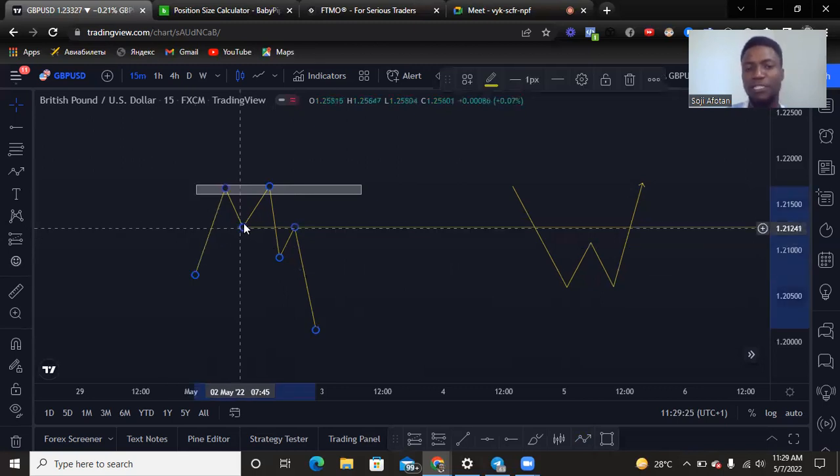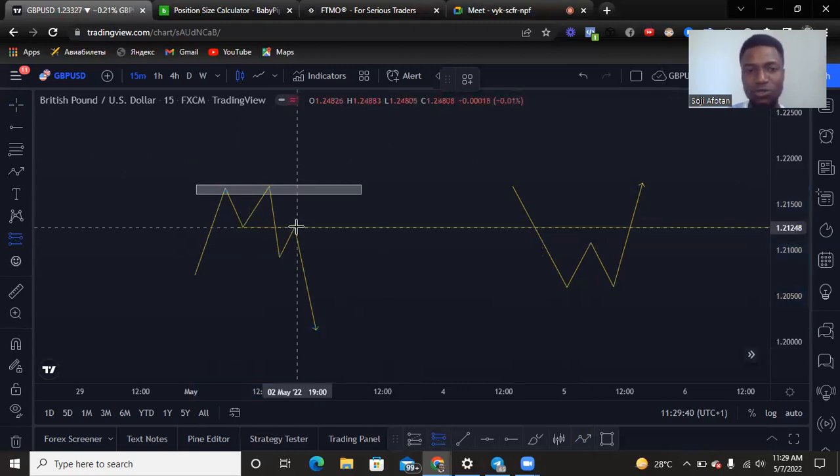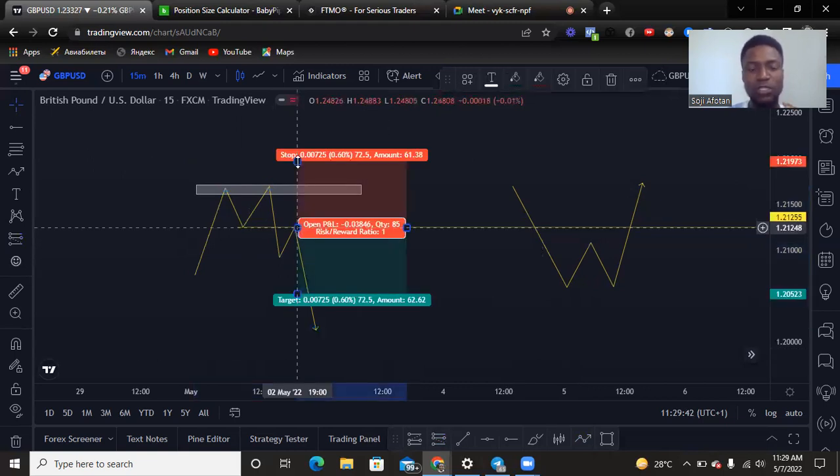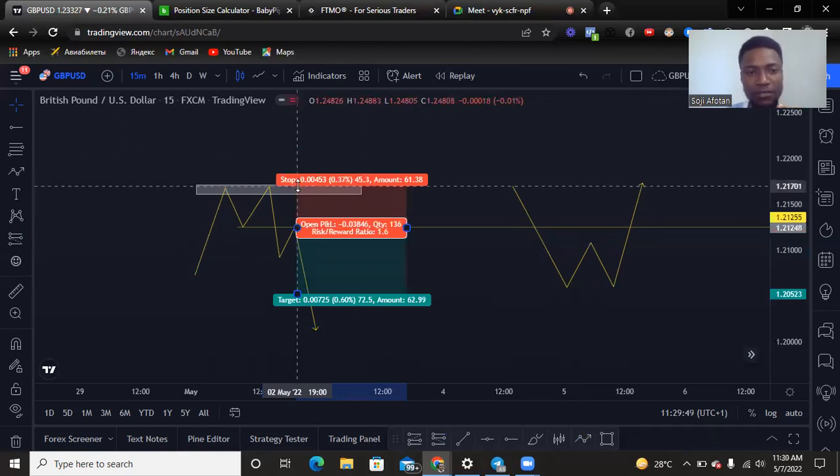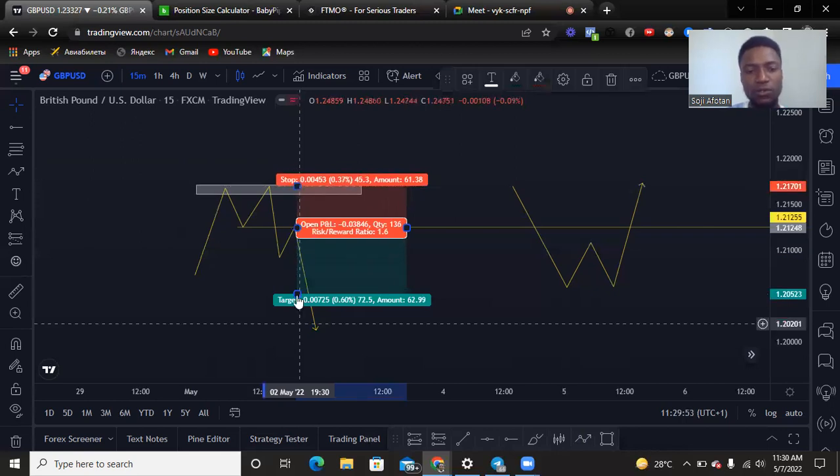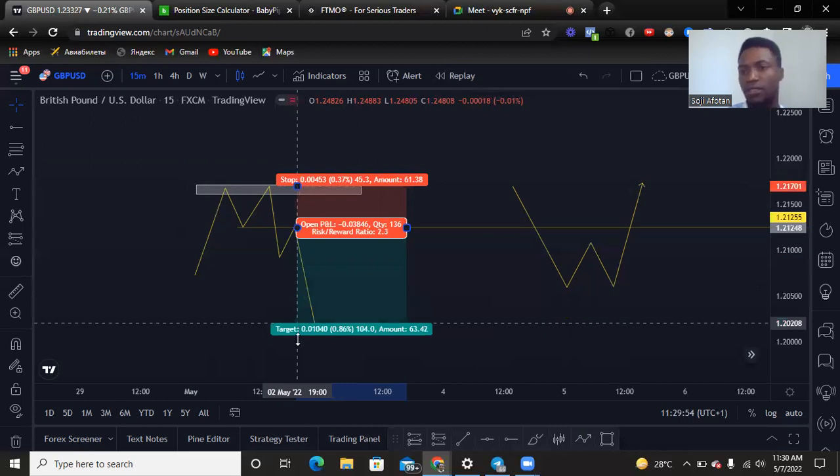Because we have broken this particular low, and the market is now coming back to retest this low, this neckline that was broken. So when you enter at this point, it's a reduced risk entry. That's the best way to trade chart patterns. Your stop loss will be at this high, at this neckline, and then you take your target.